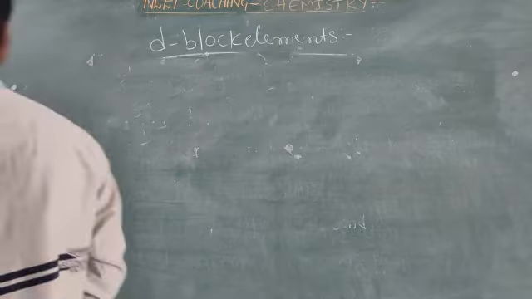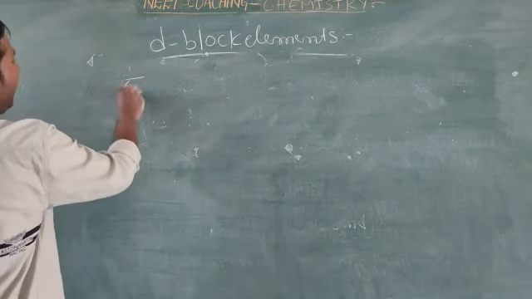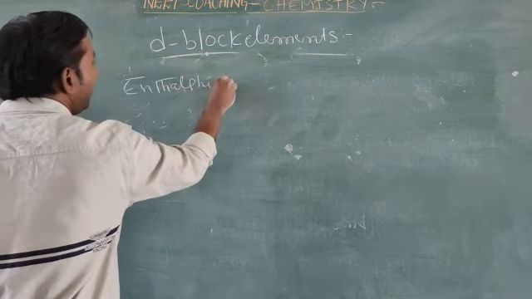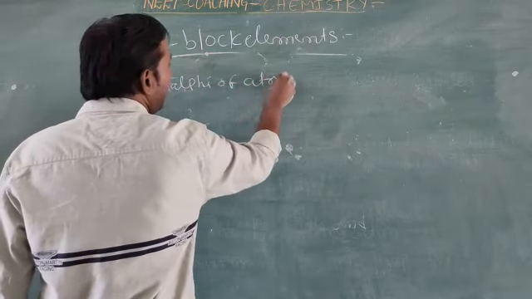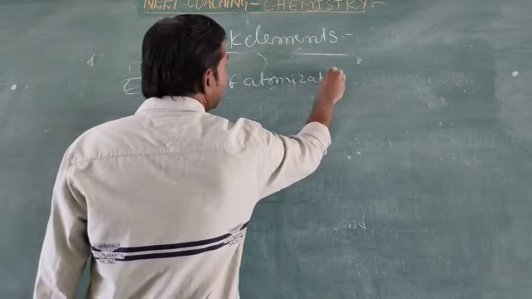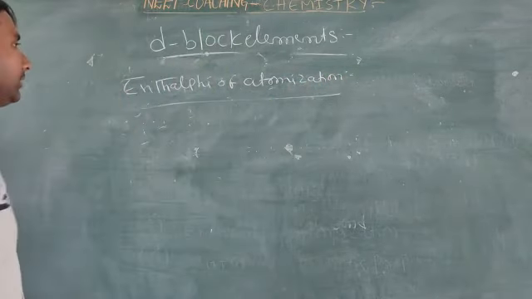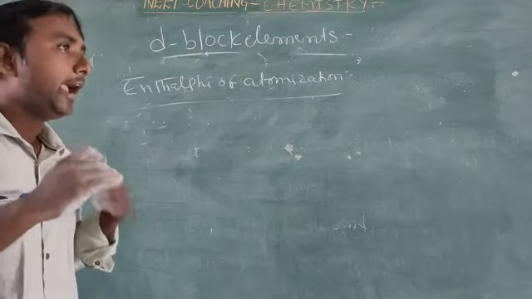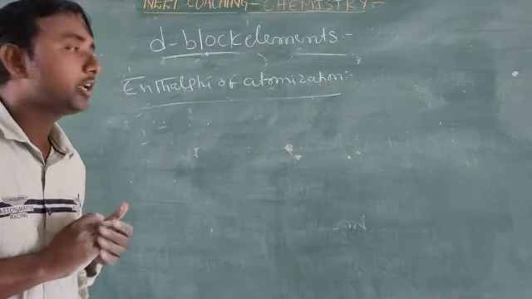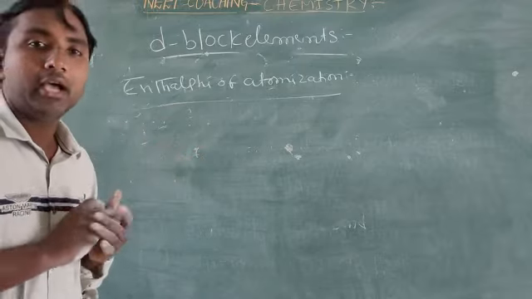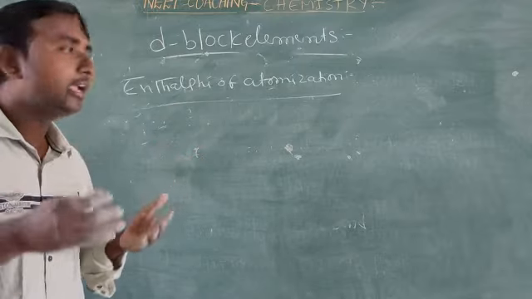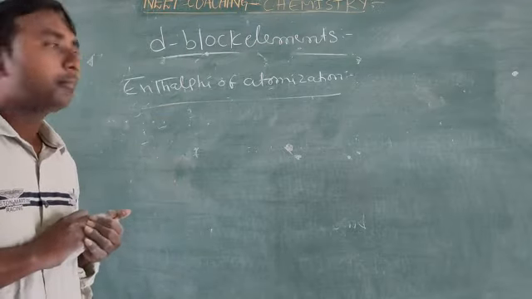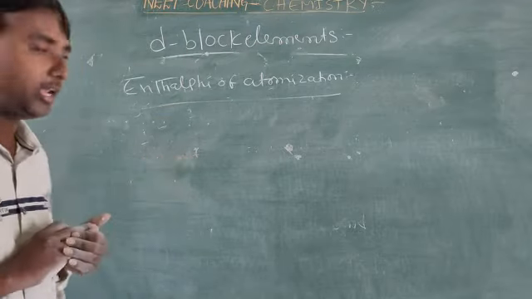Next one, enthalpy of atomization. Generally, d block elements have higher enthalpy of atomization than s block and p block elements.